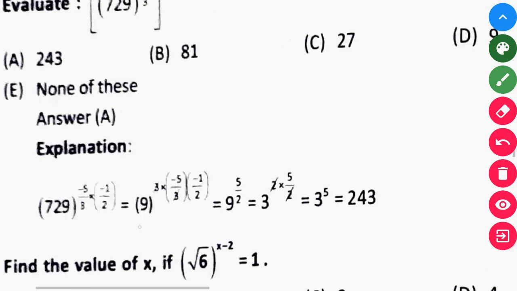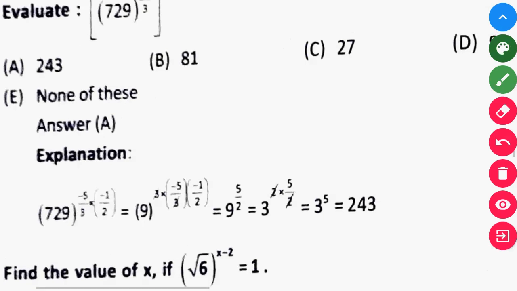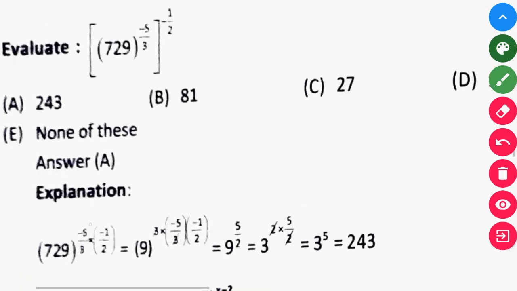So like this you have to evaluate 729 raised to minus 5 by 3, raised to minus 1 by 2. If we are going to solve this, 9 cube is 729. So 729 can be written as 9 raised to 3 multiplied by all these exponents. So this equation will look like 9 raised to 3 multiplied by minus 5 by 3 minus 1 by 2.